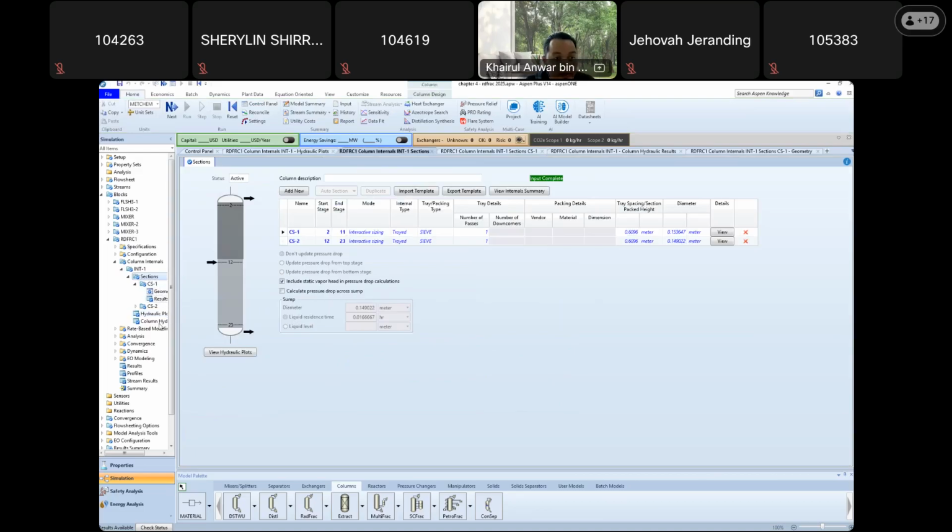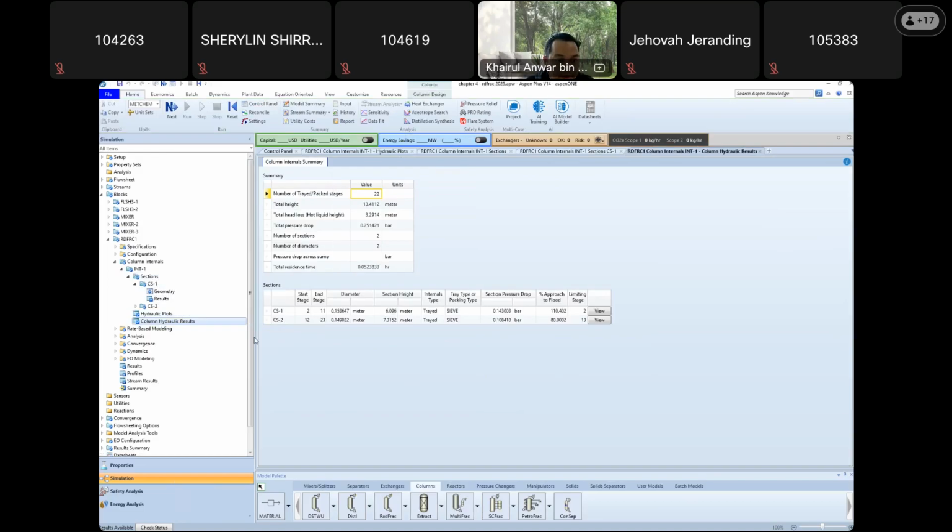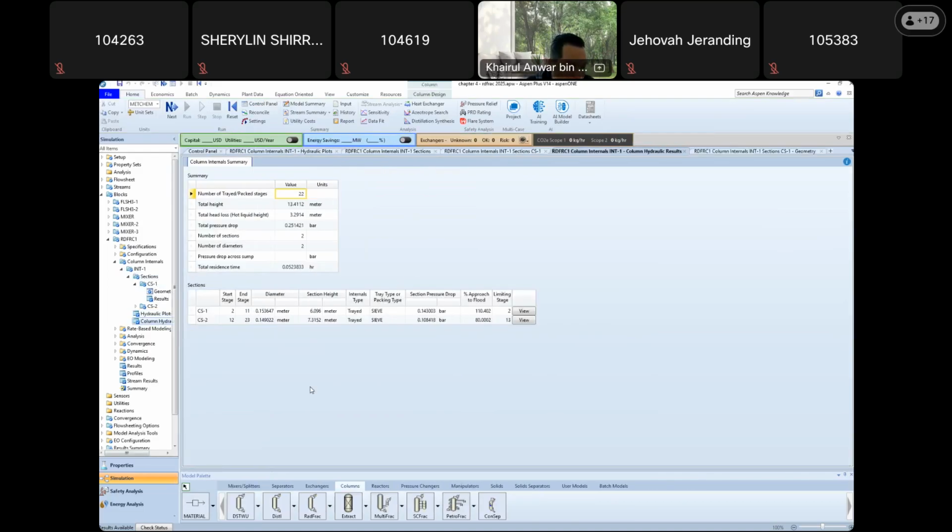Next is to go to the column hydraulic result. So in the column hydraulic result, we have the number of trays, 22, and the total height.